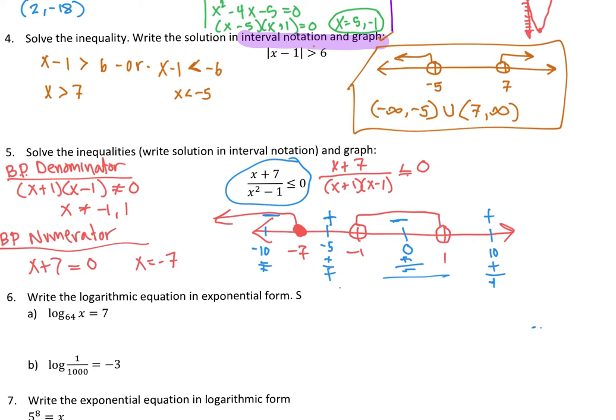Now that means that our interval notation is going to be from -infinity to -7 with a bracket, union, a parenthesis, -1 to 1. And there is our answer.